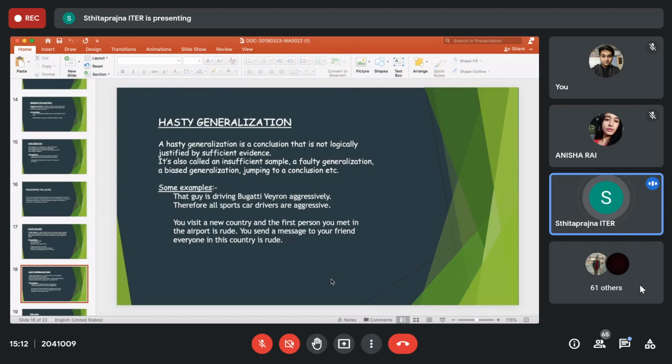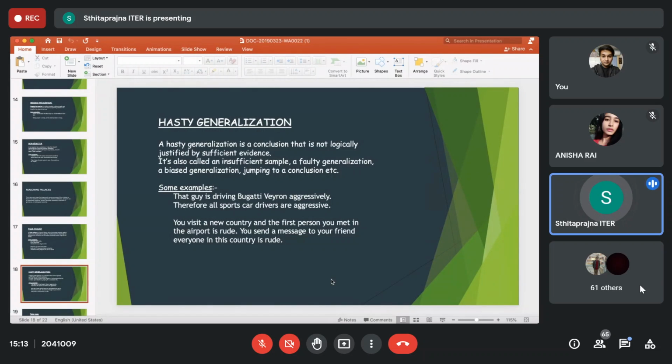So when you generalize something when you don't have logical grounding or sufficient evidence, you simply jump to conclusion. That guy is driving a Bugatti aggressively. Therefore, all sports car drivers are aggressive. We haven't taken sufficient evidence, and based on one instance, we can't generalize it.